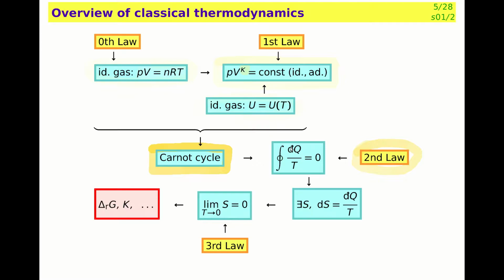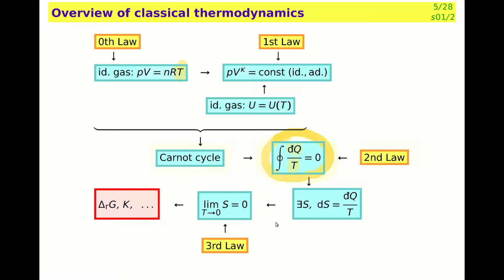And I will derive that for such processes the integral over the heat which is exchanged divided by this temperature T, which I know is an empirical temperature that can be derived from a hydrogen thermometer or related to the energy, is 0.